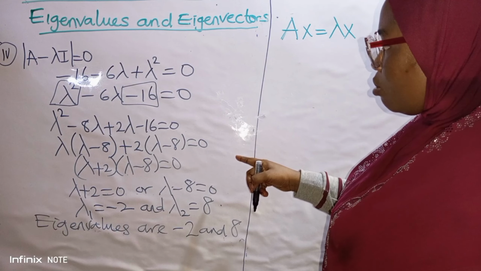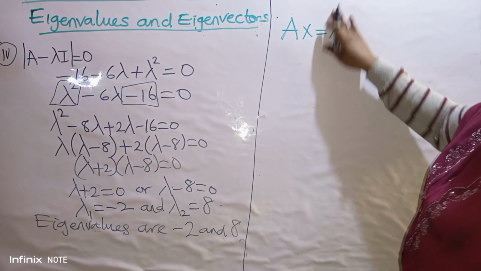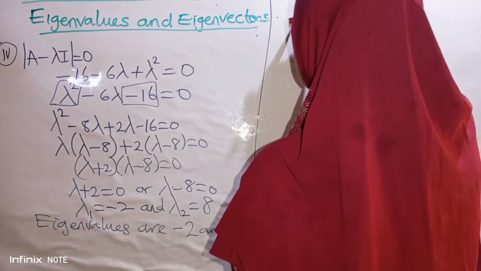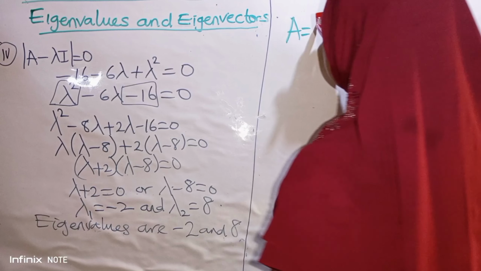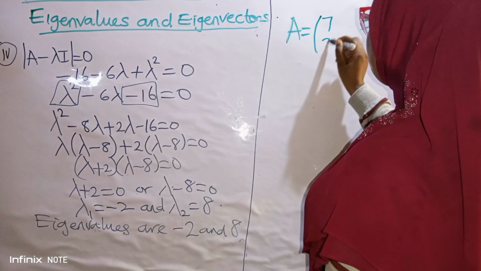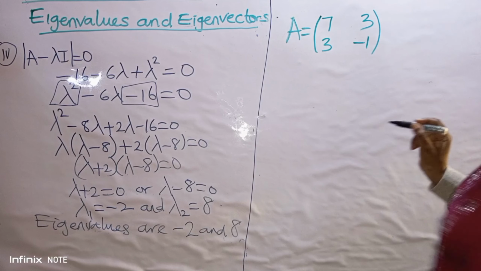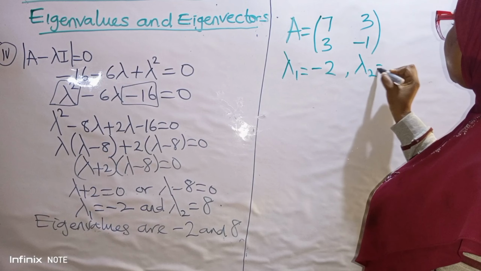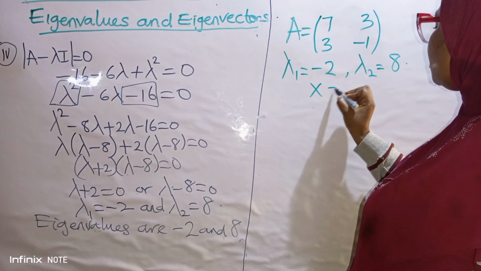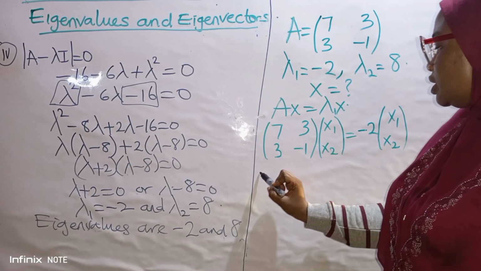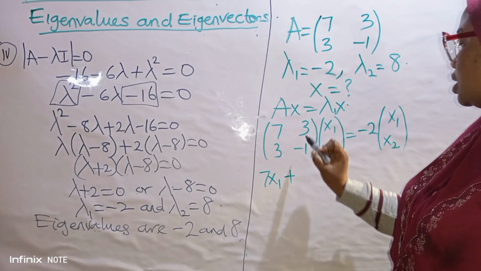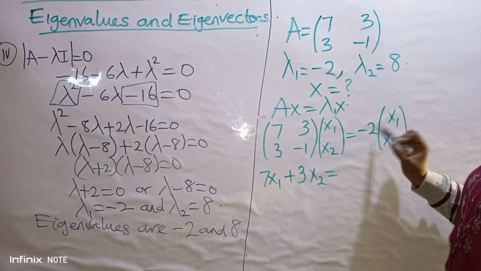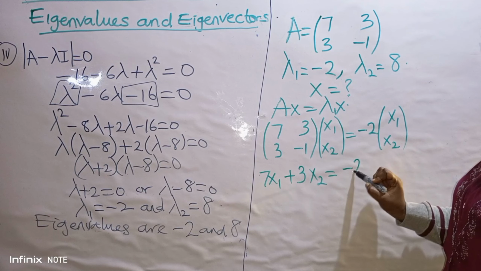So from here, seven multiplied by x1, that will be 7x1 plus 3 multiplied by x2, 3x2 is equal to, if I multiply this one, that will be minus 2 multiplied by x1, is equal to minus 2x1.